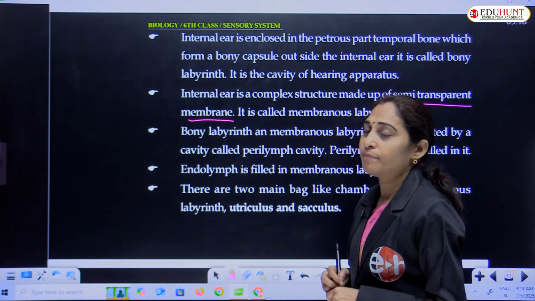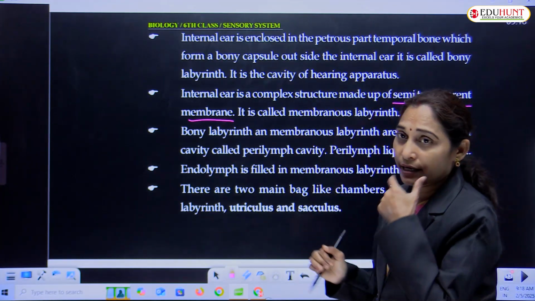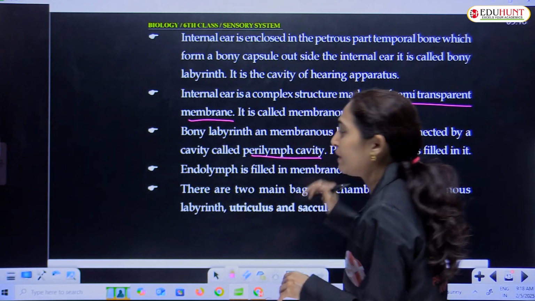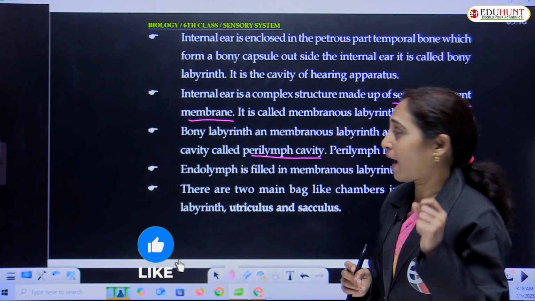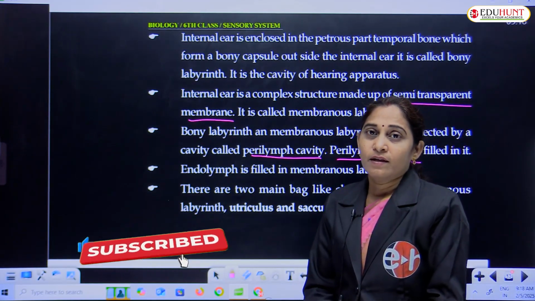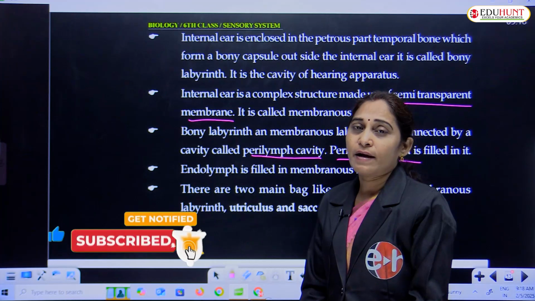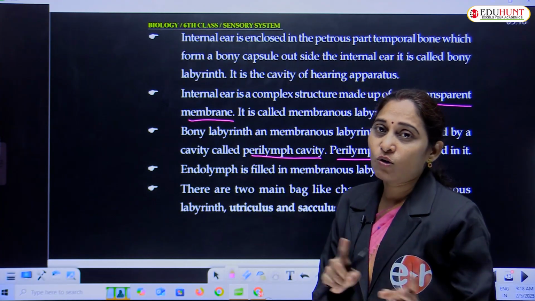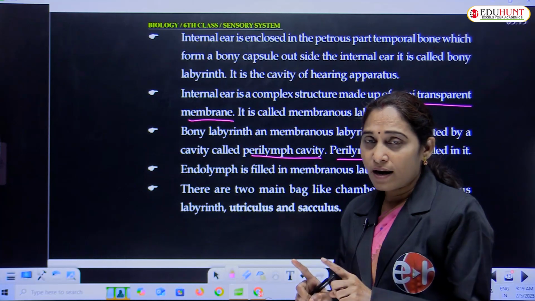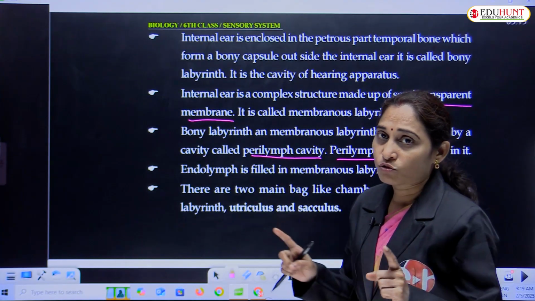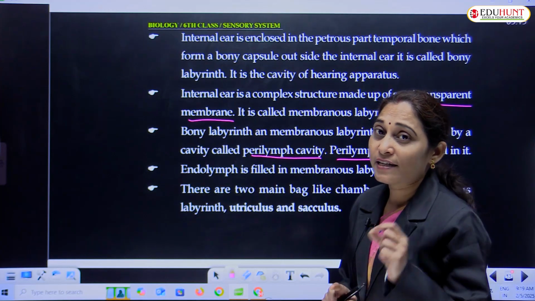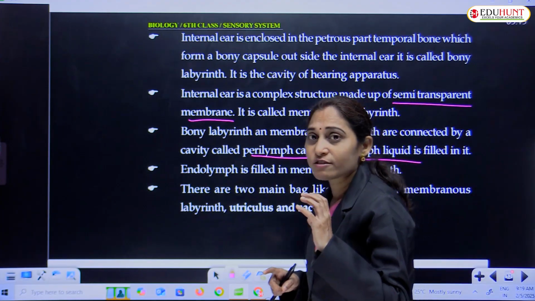Bony labyrinth and membranous labyrinth are connected by a cavity called పెరిలింఫ్ క్యావిటీ. ఈ పెరిలింఫ్ క్యావిటీలో ఉండేది పెరిలింఫ్ ఫ్లూయిడ్ ఉంటుంది. మెంబ్రేనస్ లాబిరింత్ అండ్ బోనీ లాబిరింత్, ఈ రెండు కూడా దీస్ ఆర్ ద 2 parts ఆఫ్ ద ఇంటర్నల్ ఇయర్. దీస్ 2 parts ఆర్ కనెక్టెడ్ త్రూ అ క్యావిటీ కాల్డ్ పెరిలింఫ్ క్యావిటీ.